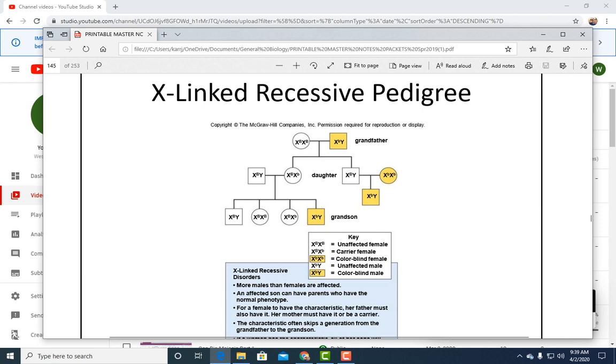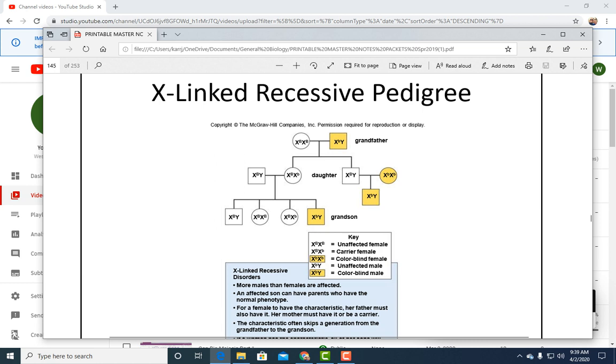So again, that's the rule, and you need to know this for our test: anytime you have an affected female with an X-linked disease, every son is going to also have the disease, because she can only give bad X's to her sons, because the father can only give Y for it to be a son, and therefore every son will be affected.